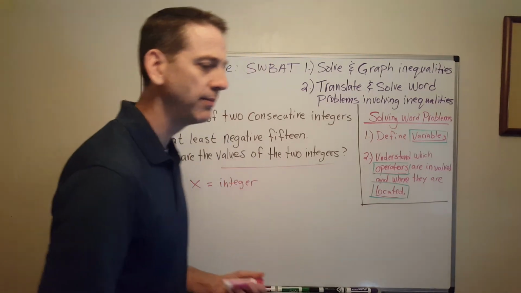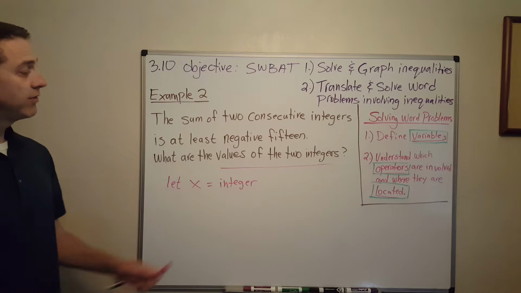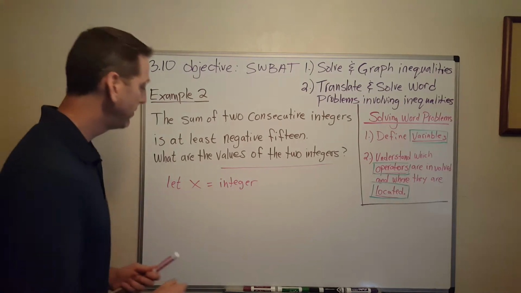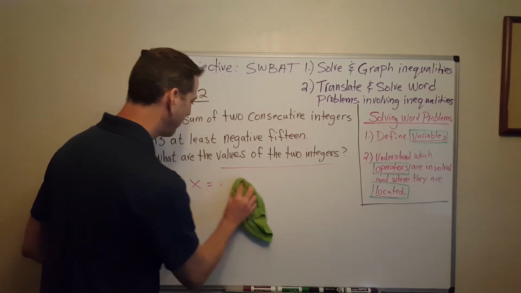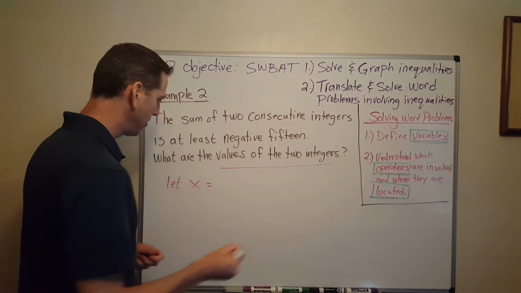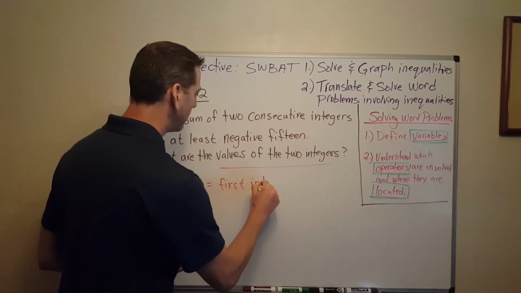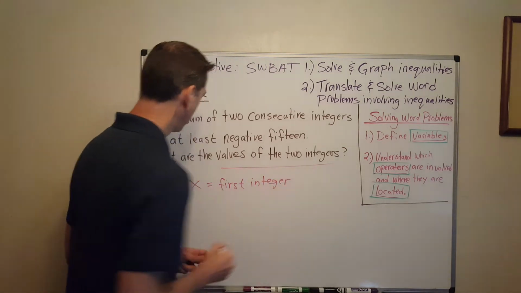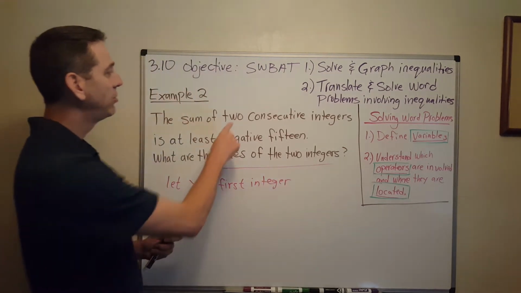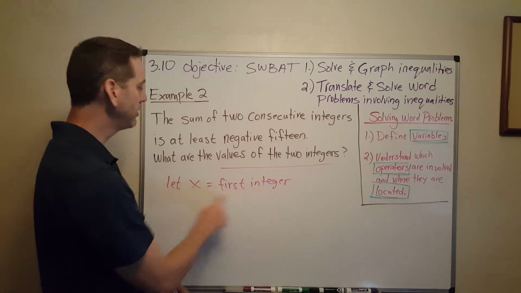It doesn't really matter, but the first integer may be a better way to say it, because I'm going to have 2 integers here. 2 consecutive integers, so the first integer is just x.